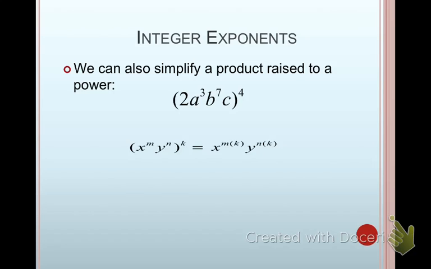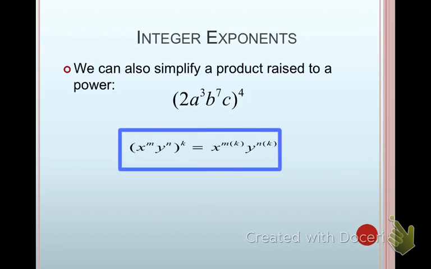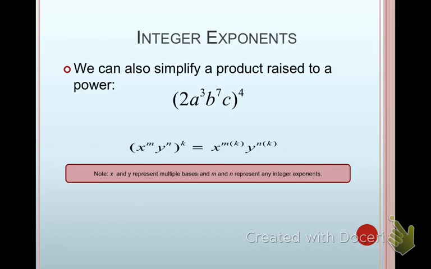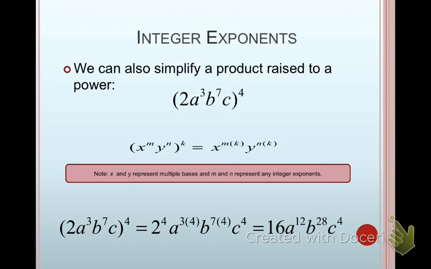Anytime you have an exponent outside of parentheses, that exponent belongs to everything inside the parentheses. So the 4 in this case is going to belong to the 2, it's going to belong to the a cubed, it's going to belong to the b to the 7th, and it's going to belong to the c.